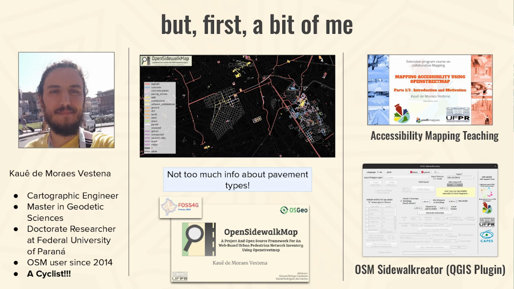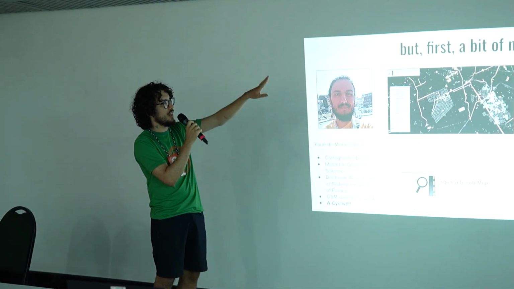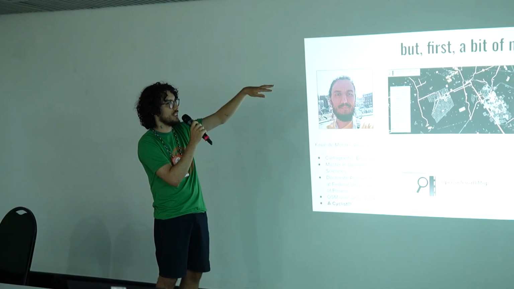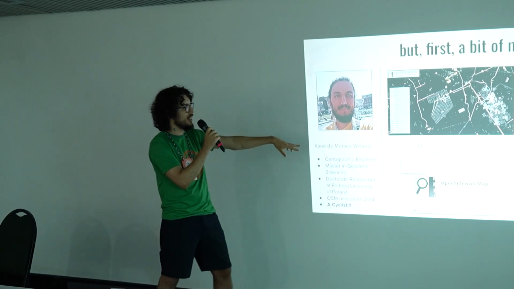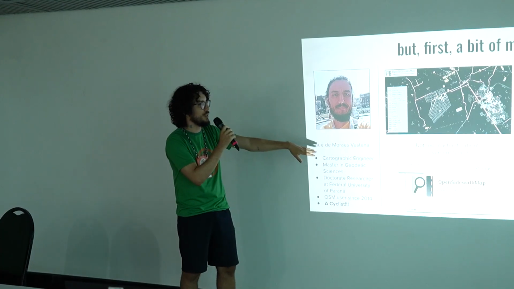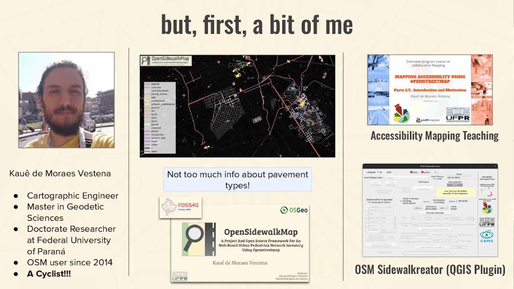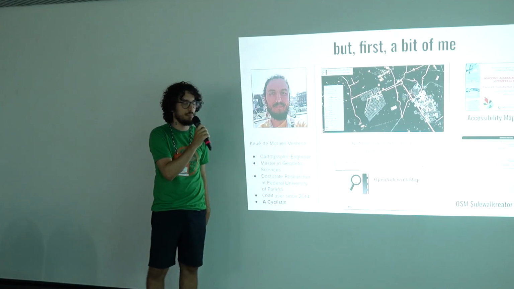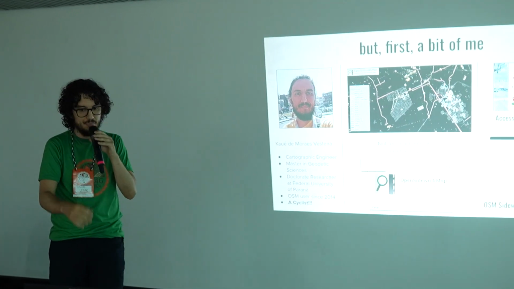I developed other projects like the OSM Sidewalk Creator QGIS plugin. I have a workshop about accessibility mapping. And last year, Kosovo was presenting Open Sidewalk Map, and as you can see, there's not too much info about the pavement types, okay?